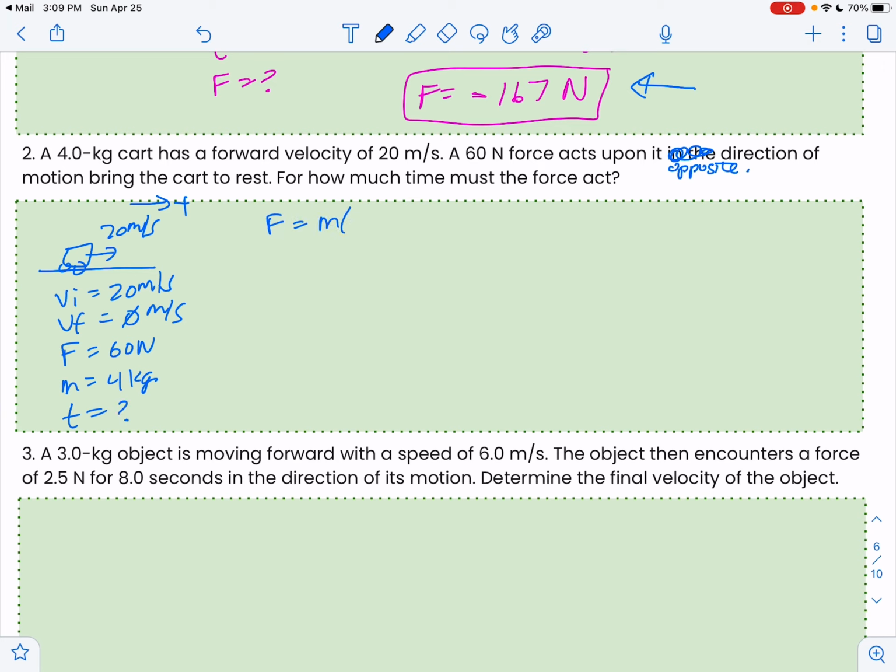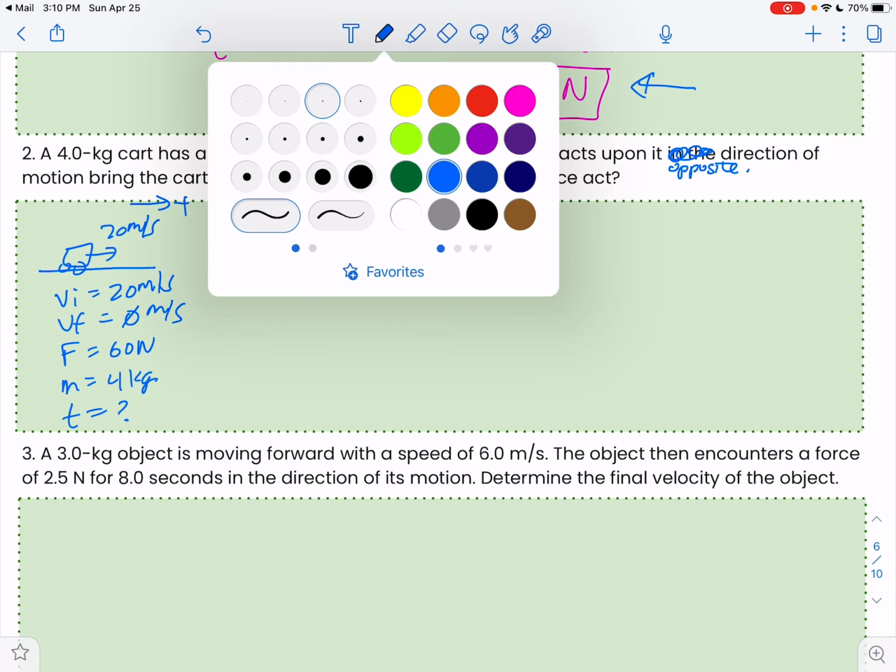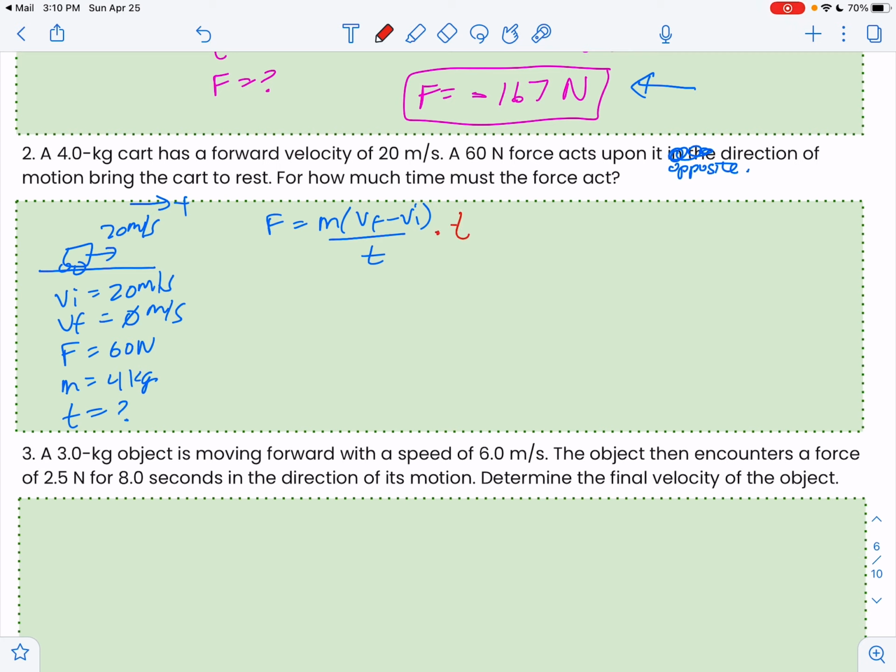I'm going to write my equation again. Now I'm looking for the time, so this is a touch trickier. I need to multiply the time on both sides. Now I get F t equals m times Vf minus Vi. Then I want to divide by force.